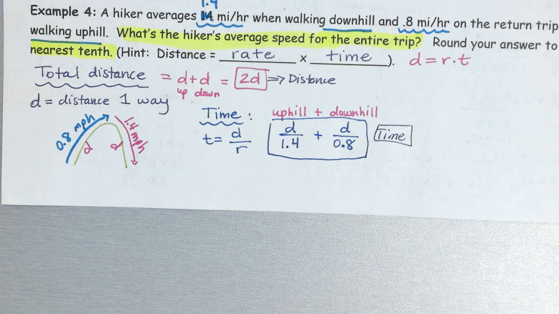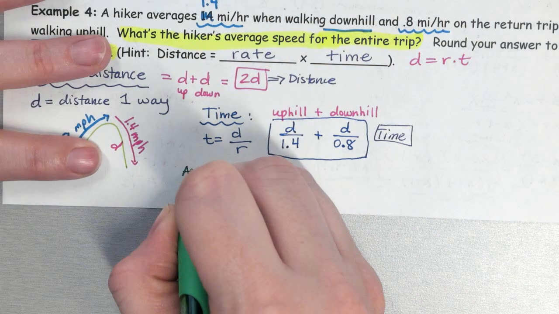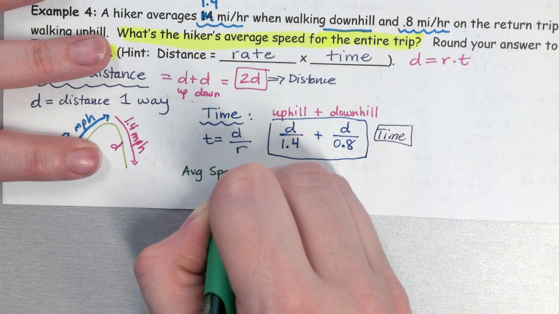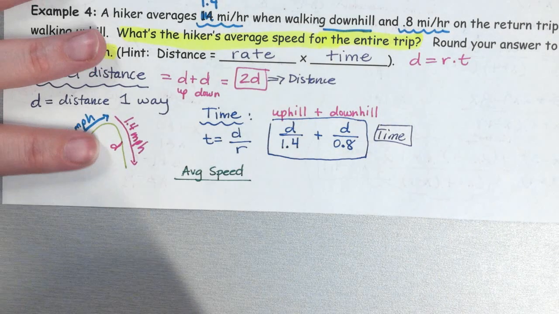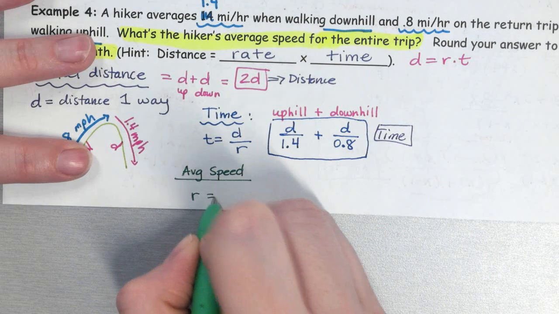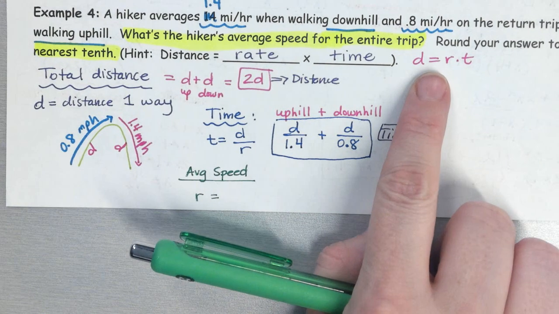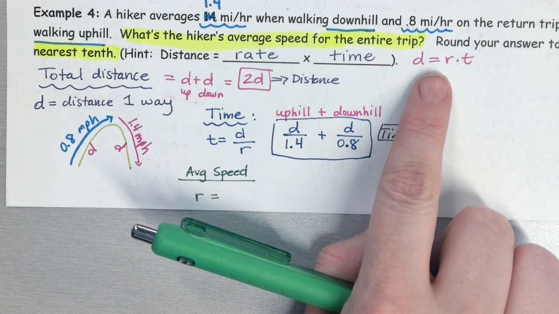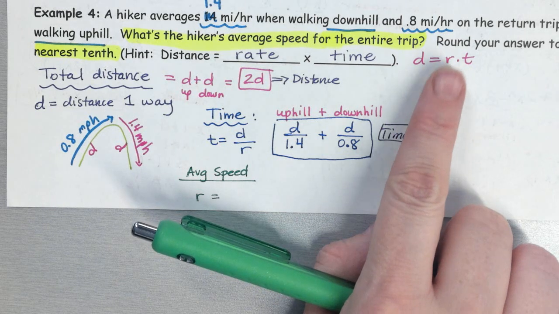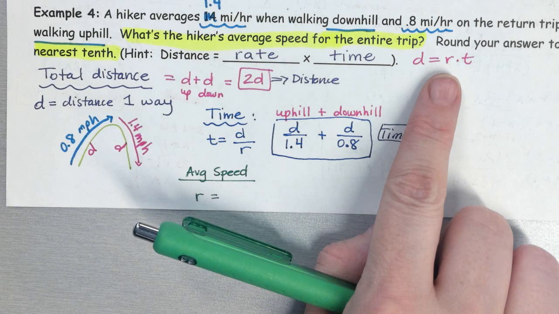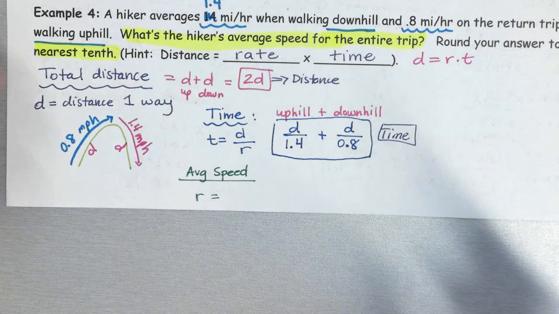And our last step, we're going to put them together, and that's going to be for your average speed. That's your rate. Do we know what your equation is for the rate? If you solve that for r, it would be what? d over t.